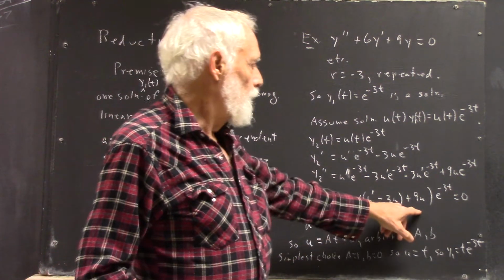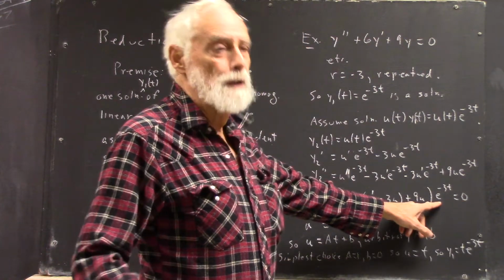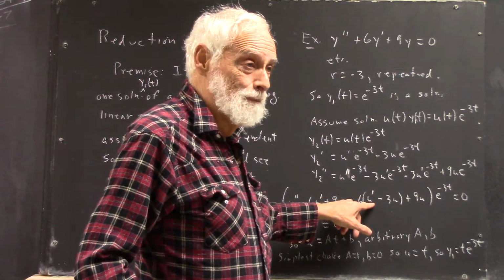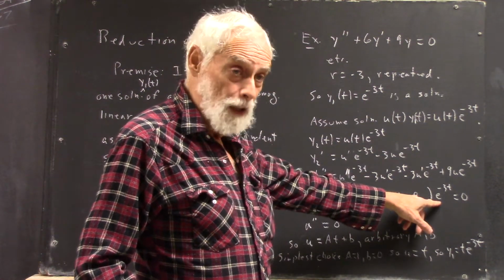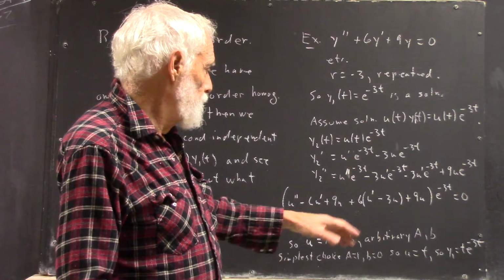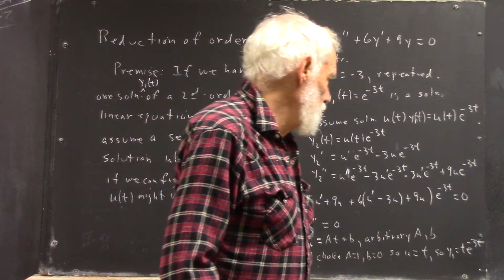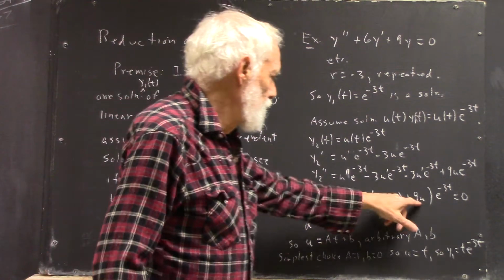Then we put all this together. This equals 0. Well, e to the -3t can't be 0, so this has to be 0. Another way of looking at it is e to the -3t can't be 0, so we divide both sides by e to the -3t. But we use the zero property of multiplication, and determine that this has to be 0.